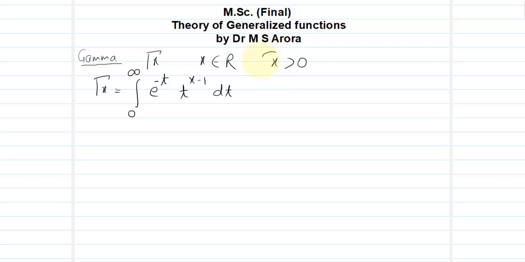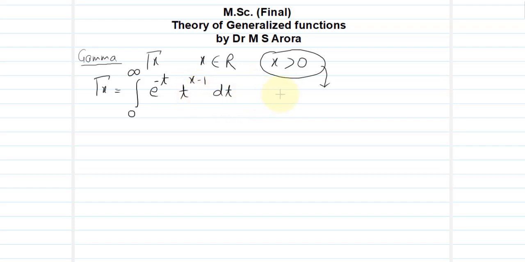Why is this condition there? The answer is that it is an improper integral, and not only because its limit is from 0 to infinity, but also when x is less than 1, there is a problem in the neighborhood of 0. As t tends to 0 from the right hand side, this function has a problem when x is less than 1. So it is an improper integral, especially when x is less than 1, and we have to pay attention to it.